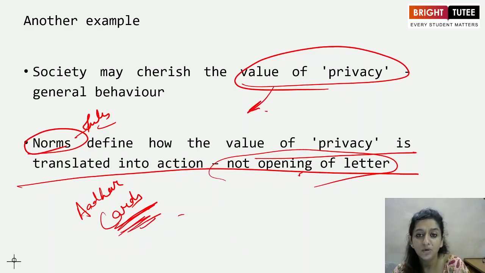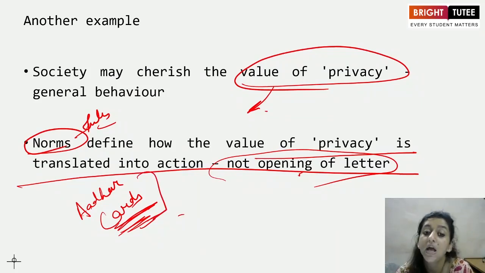Obviously it was being opposed because of the perception those people had. However, the intent behind this from our government was something very different. So this is an action that involved the value of privacy as a general behavior.